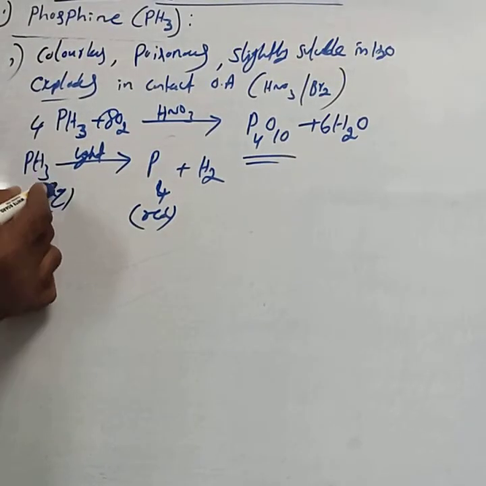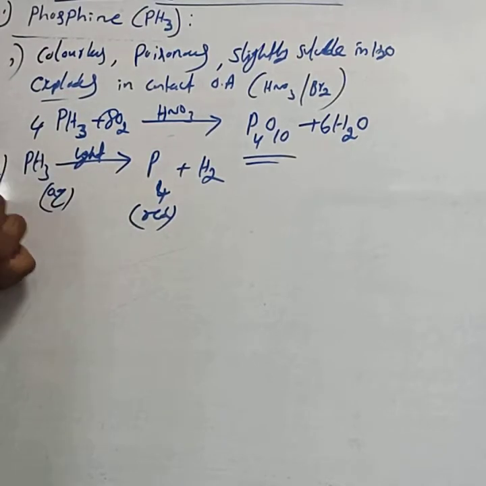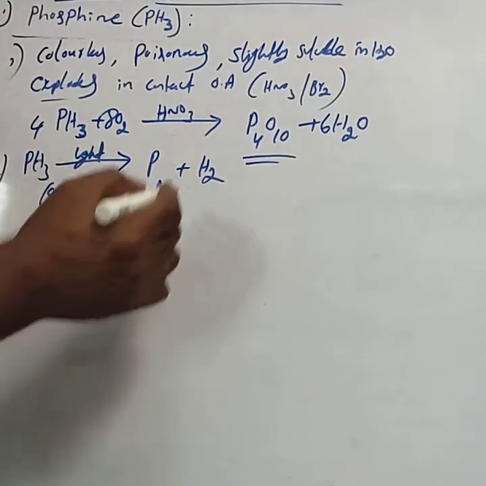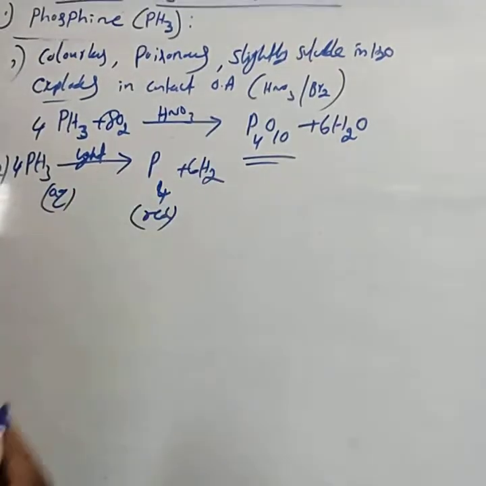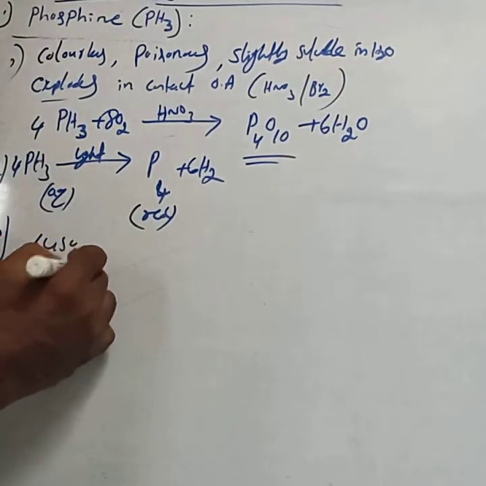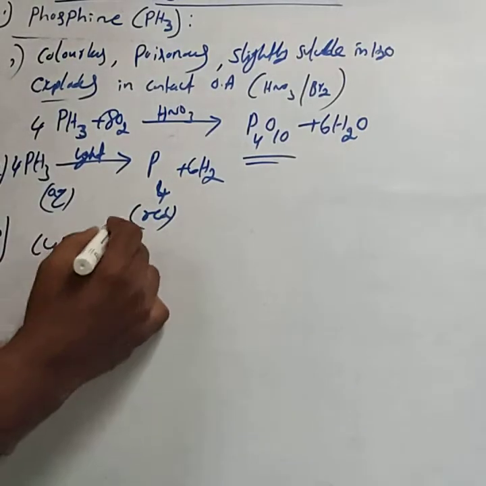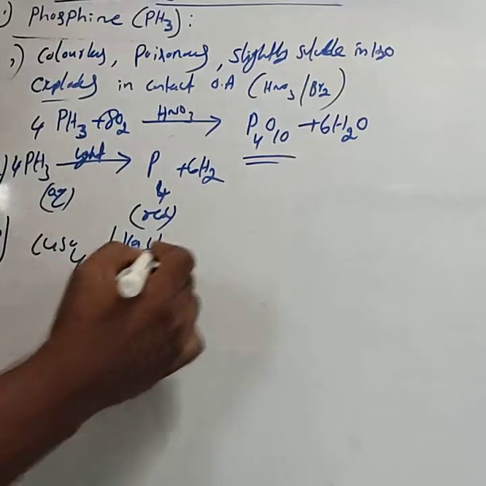Phosphine in aqueous solution, in the presence of light, decomposes to give red phosphorus and hydrogen: 4PH3 gives P4 and 6H2.